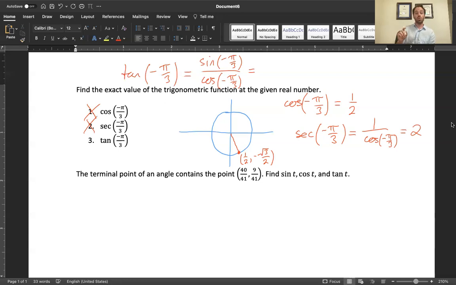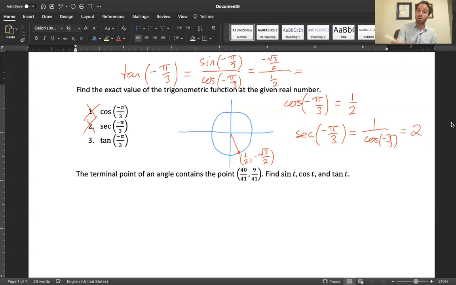This seems like it makes things worse, but remember that the coordinates on the unit circle are precisely the cosine for the x coordinate and the sine for the y coordinate. So I'm going to put in the negative root 3 over 2 as the sine, and then put in positive 1/2 as the cosine.